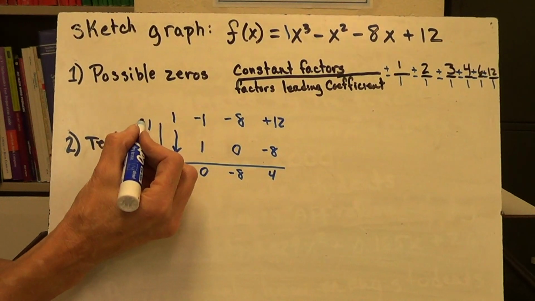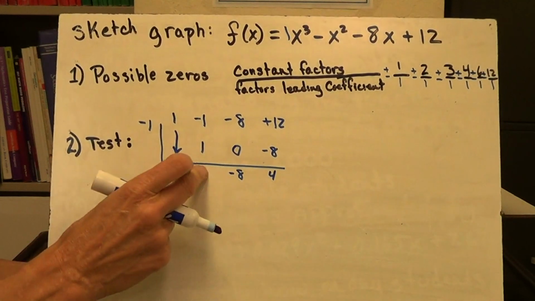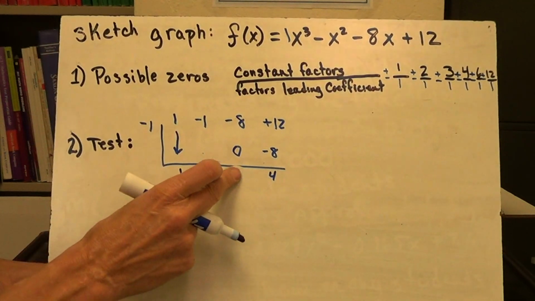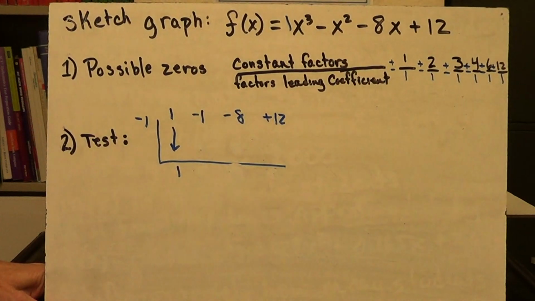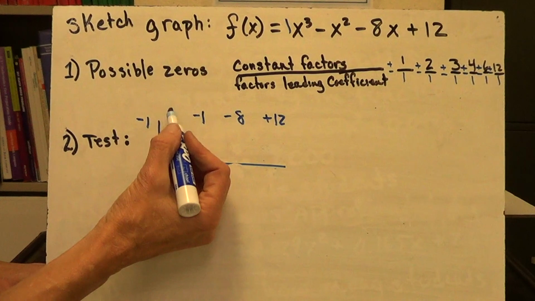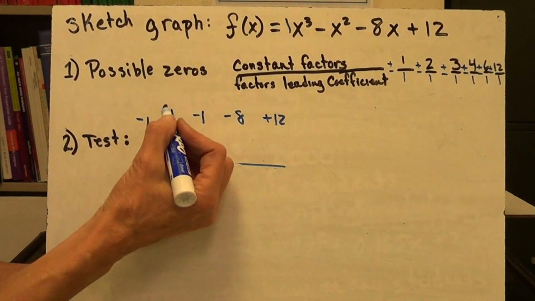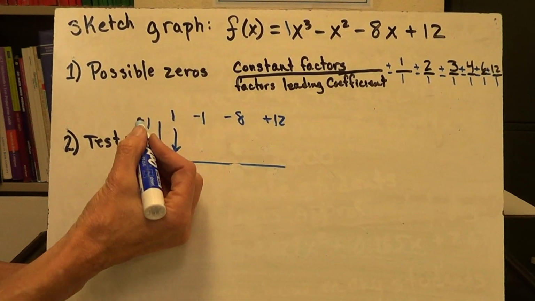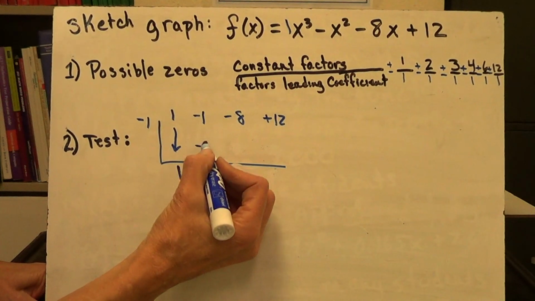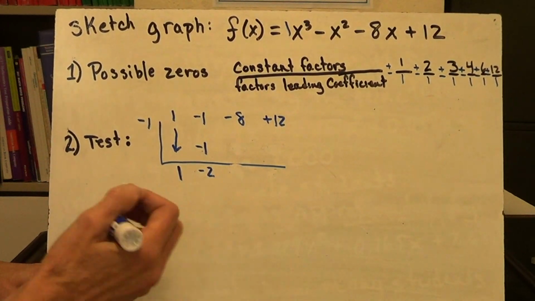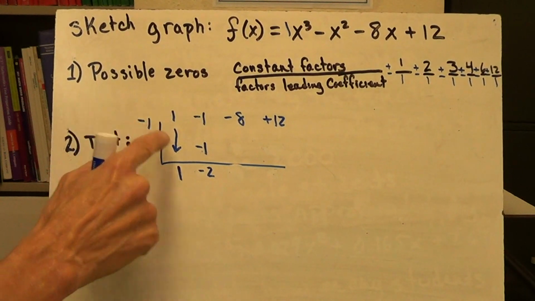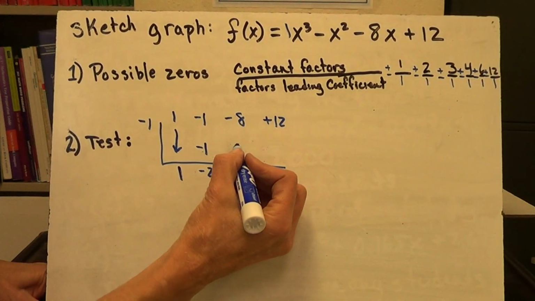Now I try -1. I just go back, and you may want a whiteboard to do these so that you don't waste a lot of paper. So -1 times 1: you drop down the first one, so that's 1. -1 times 1 is -1. Negative 1 plus negative 1 is negative 2. Negative 2 times -1 would be positive 2.